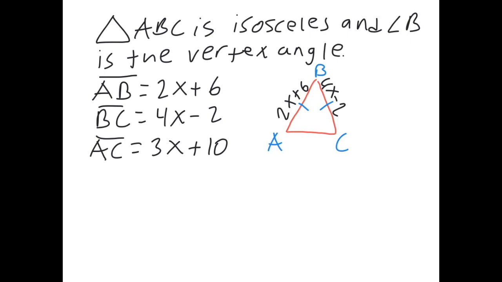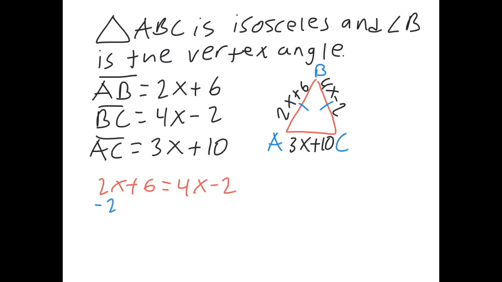And AC is 3x plus 10. So the two sides that are equal are 2x plus 6 and 4x minus 2. So let's set them equal to each other. So we have 2x plus 6 equals 4x minus 2.